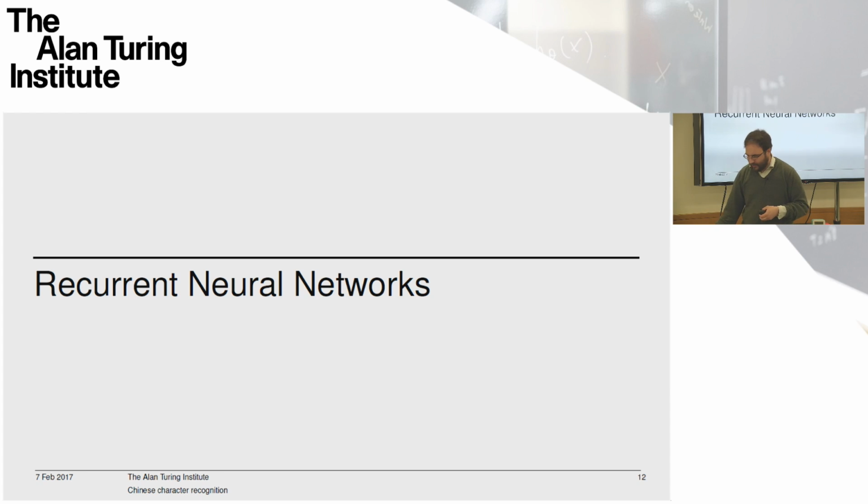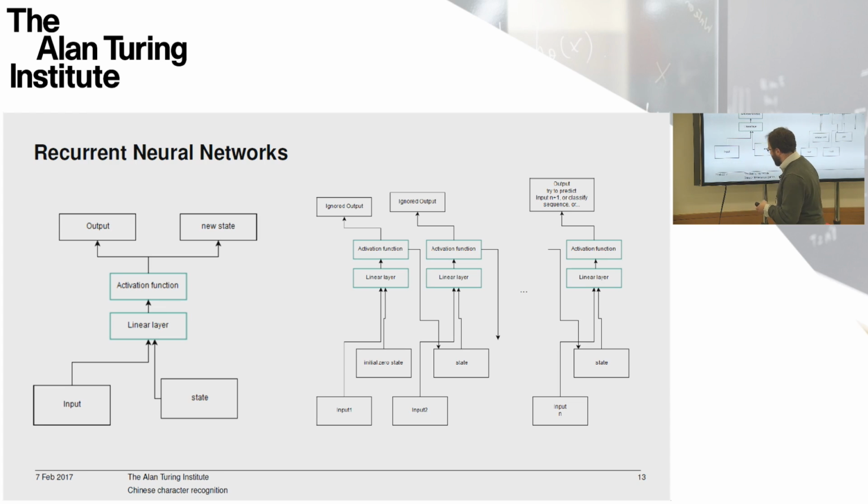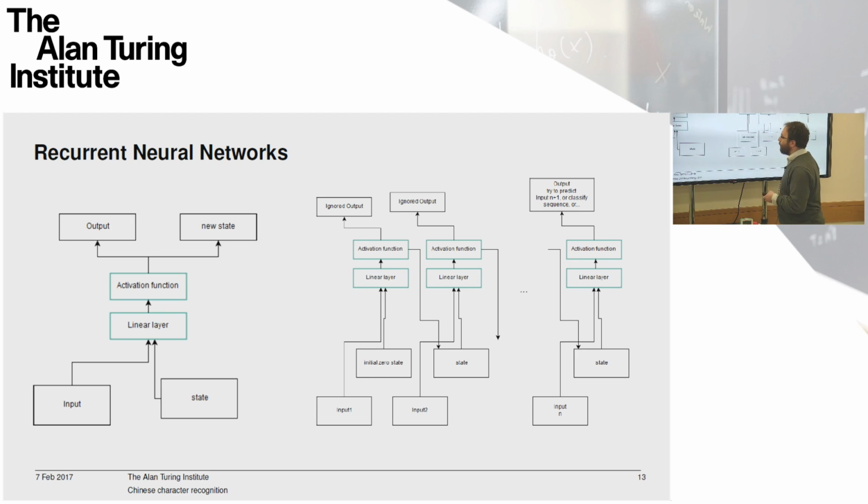So maybe I'll say a bit more about recurrent neural networks. A simple single layer recurrent neural network takes, so our input is R to the d times time. Basically we learn a function which is just a matrix multiply times some nonlinear function, typically the positive part function, which is called ReLU in this context. That learns a new state, and potentially an output, from an old state and an input.